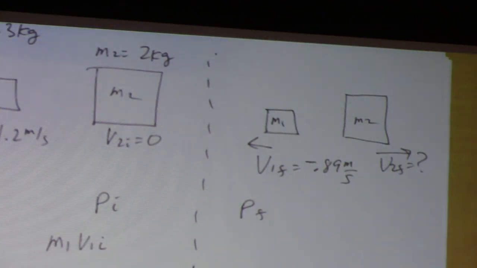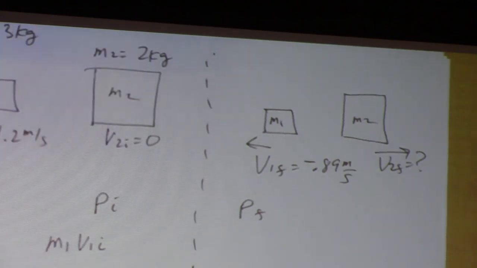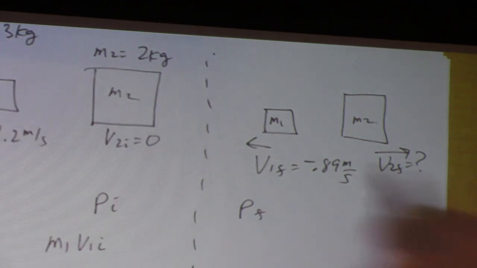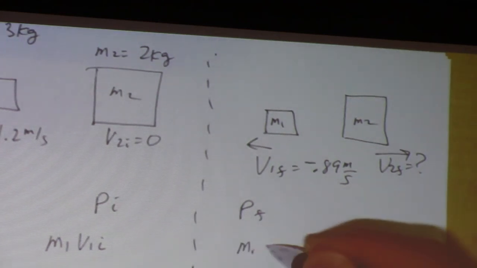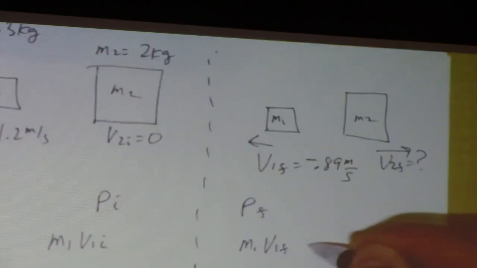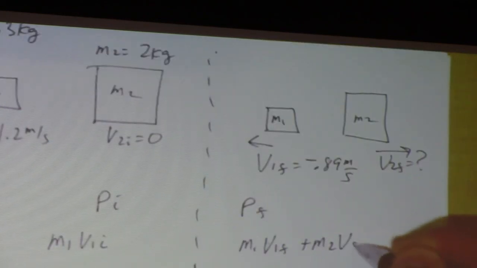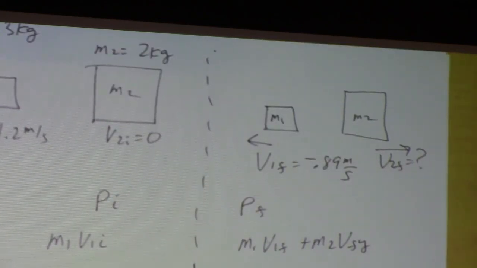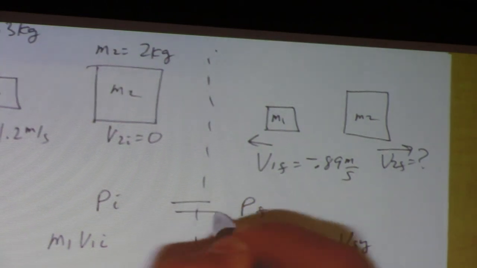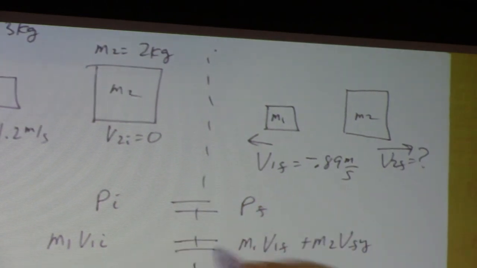But if velocity 2 initial is 0, the momentum is going to be 0 for that one. So I don't usually write that, right? Because it doesn't have any momentum. Now the final momentum, they're both moving afterwards. Mass 1, velocity 1 final, plus mass 2, velocity 2 final. So the big idea with this problem is this is equal to that.